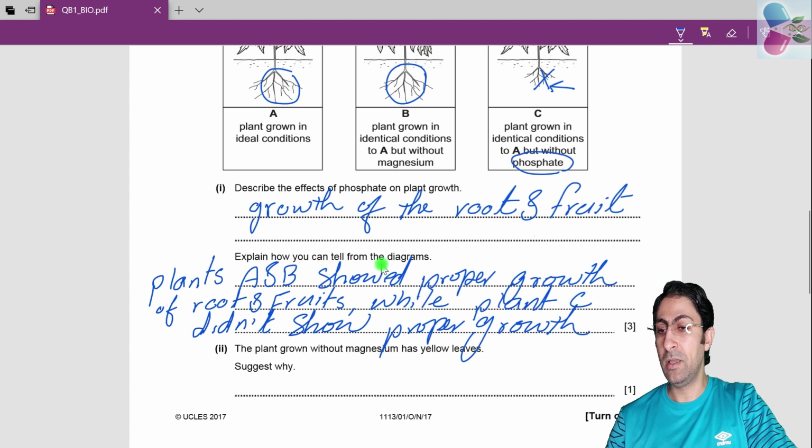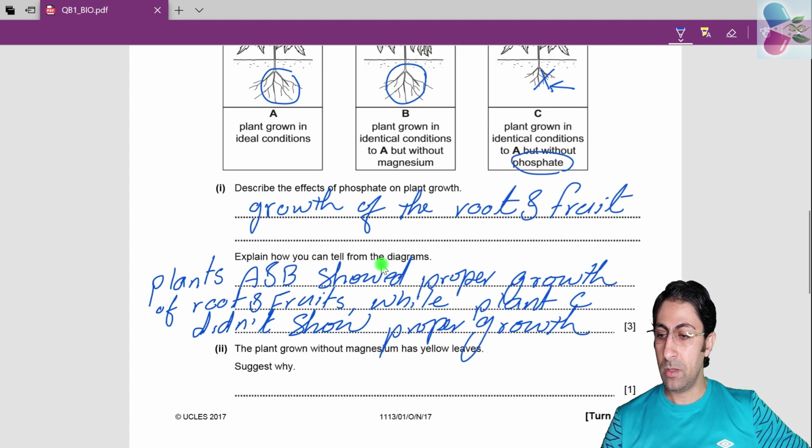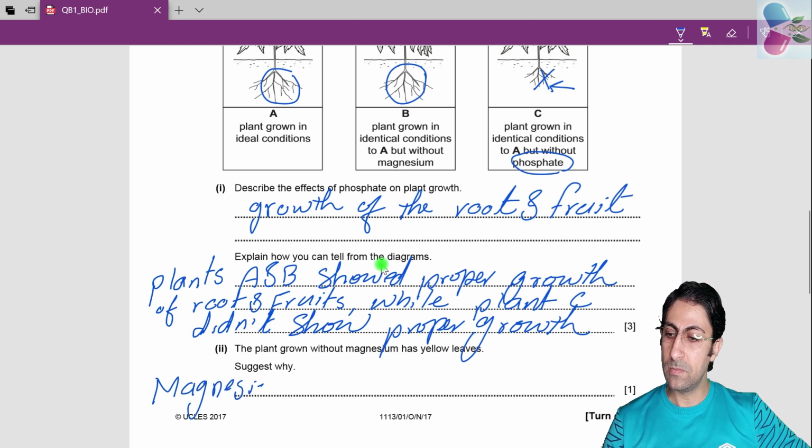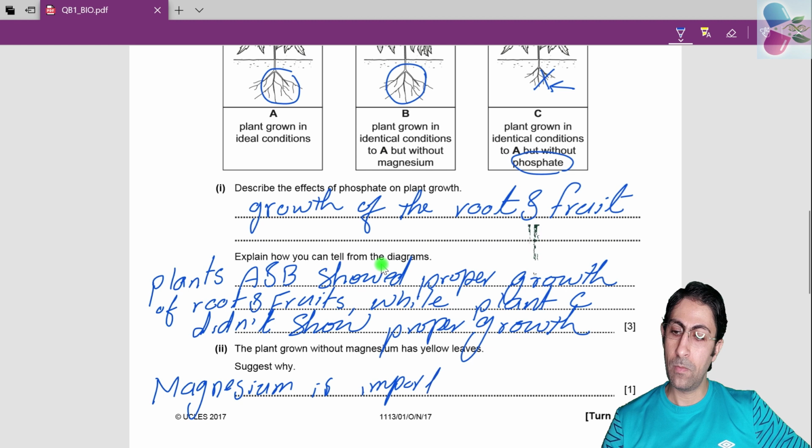So you can say that magnesium is important for making chlorophyll.